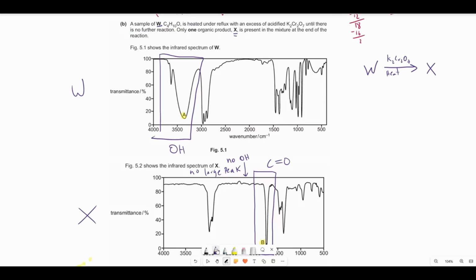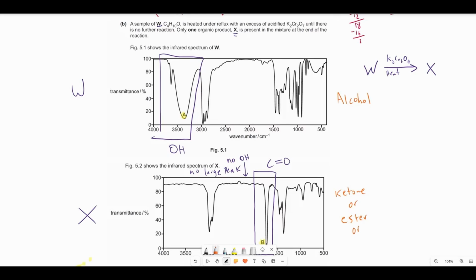So more than likely, and this is not set in stone, but as you come up with ideas, write them down, more than likely this is going to be an alcohol, and this one, which has the carbonyl peak but not our OH peak, is either going to be a ketone or an ester.